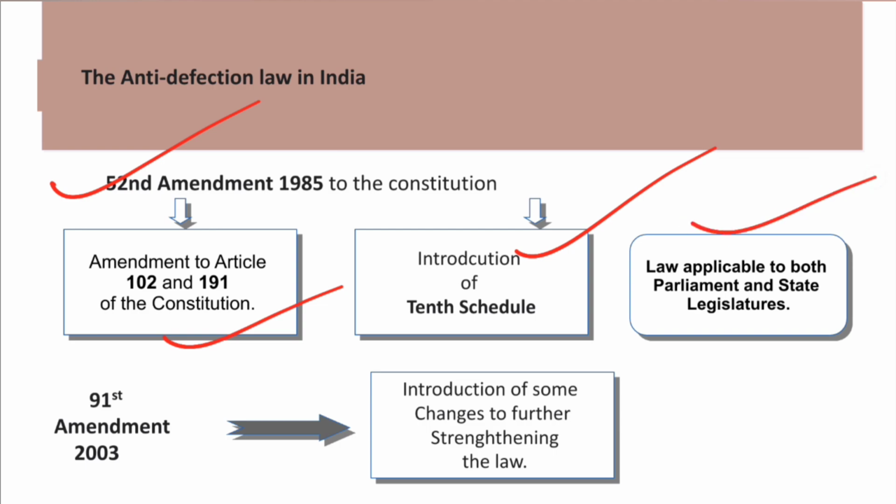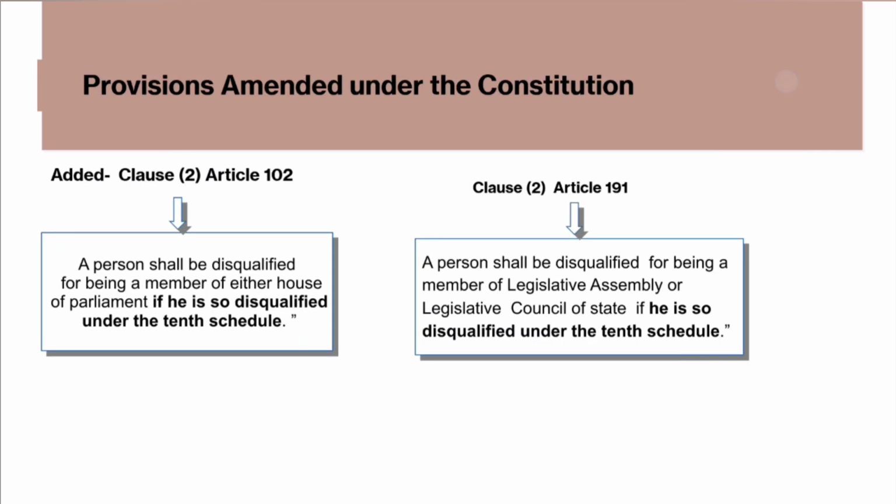This law is applicable to both Parliament and state legislatures. Then in 2003, the 91st Amendment introduced some further changes in these provisions of the anti-defection law. So the 10th Schedule mainly was amended with this Amendment Act.